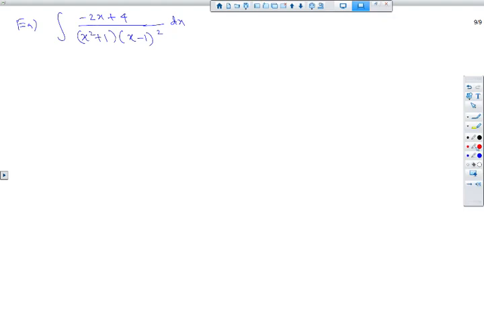This time you're going to see a quadratic term. You're going to see negative 2x plus 4 over x squared plus 1 times x minus 1 squared dx, something like that. So you're going to see repeated and also quadratic terms. Let's try the form first.